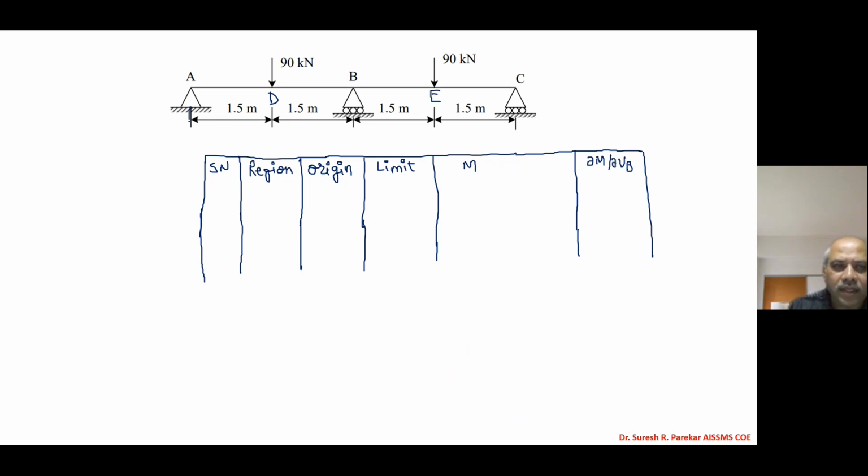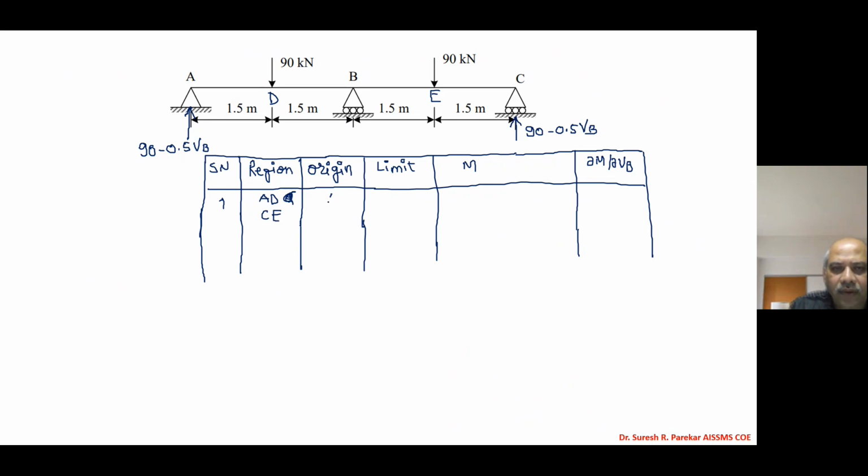We have calculated the reaction VA as 90 minus 0.5 VB, and the reaction at C is the same, 90 minus 0.5 VB. Now serial number 1: the region is AD, and CE gives the same values.